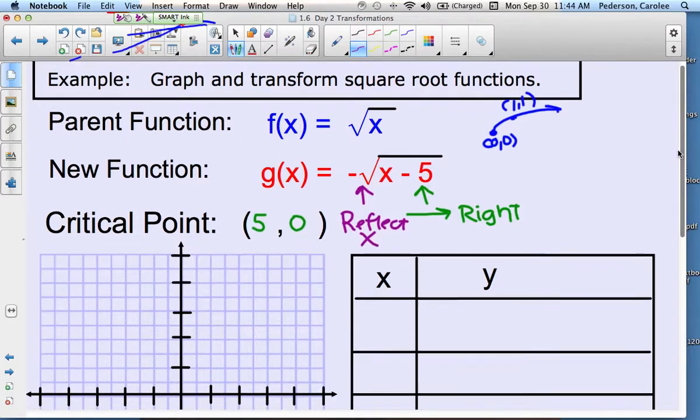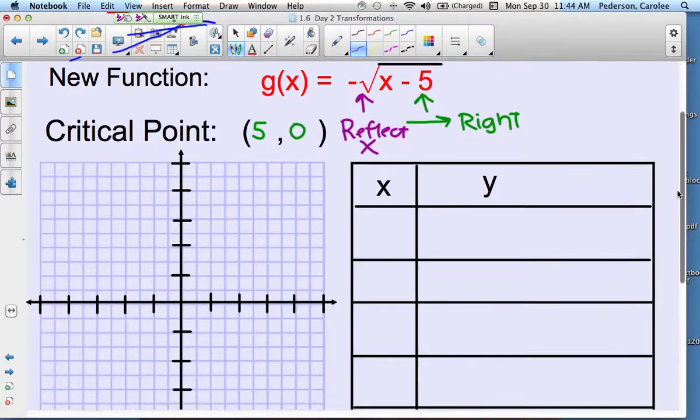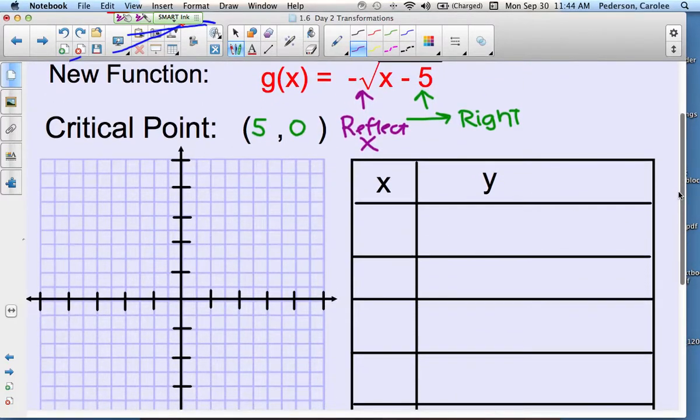So let's graph our first ordered pair, which is our critical point, (5, 0). Now we're going to pick a number to the right and a number to the left. So let's pick 6 and 4.